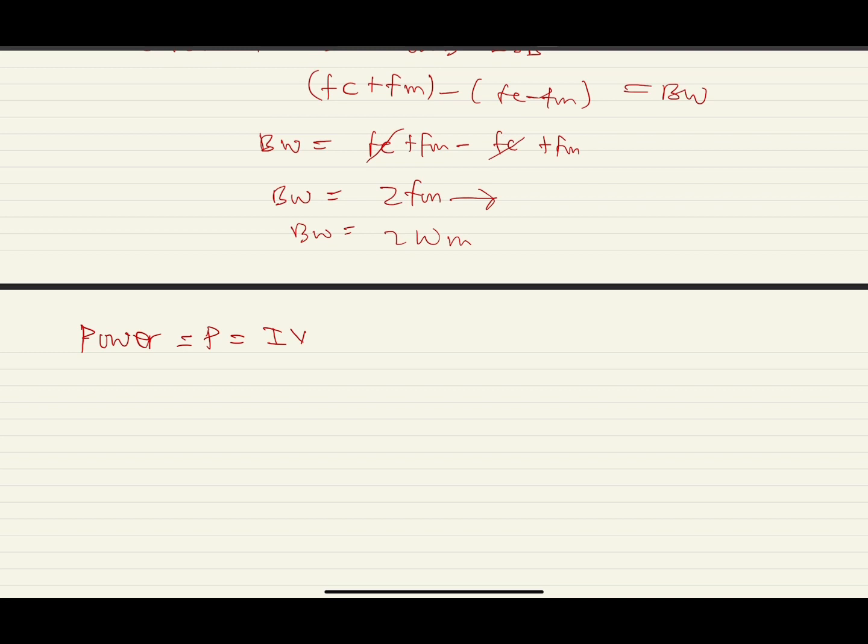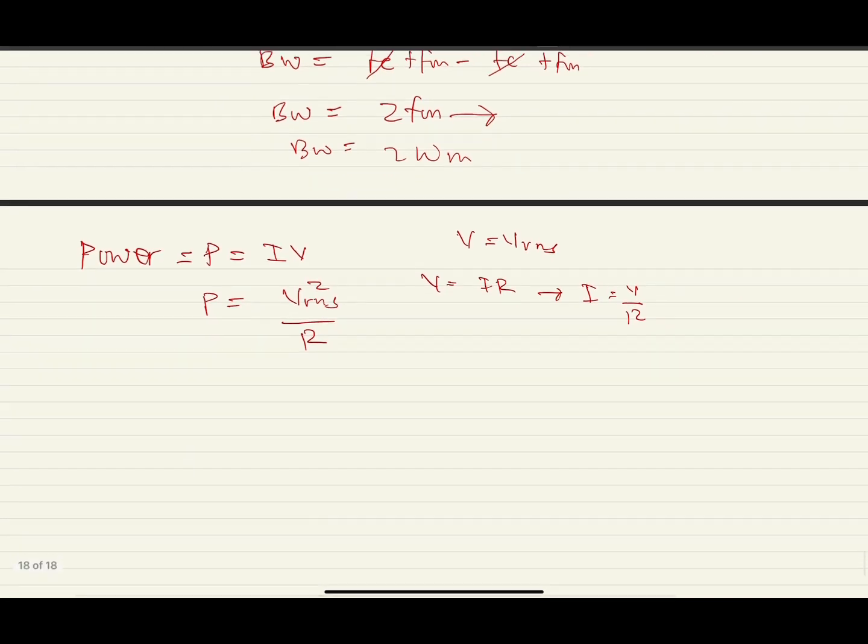This voltage is an RMS value, V equal to VRMS. Therefore, we can simplify to say that P equals VRMS squared over R. This came about because V equals IR, so I equals V over R, and when you do the substitution, this is what we get.